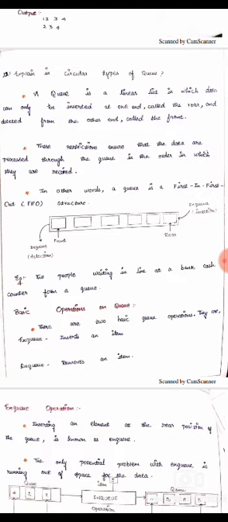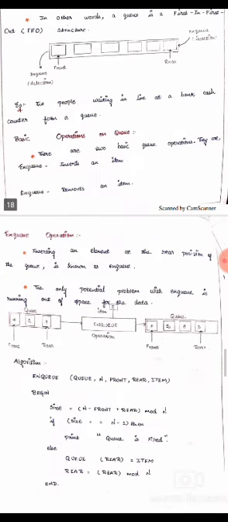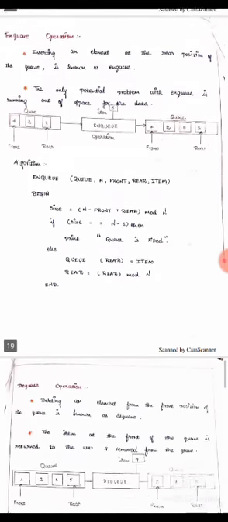Based on this, queue operations are of two types, NQ and DQ. NQ is used to insert the element at the rear position of the queue, and DQ is used to delete the element from the front position of the queue.